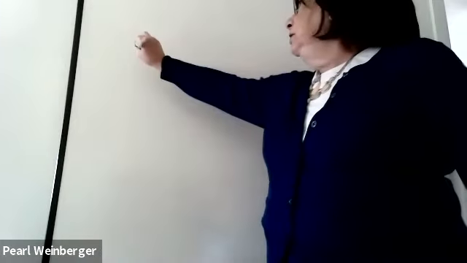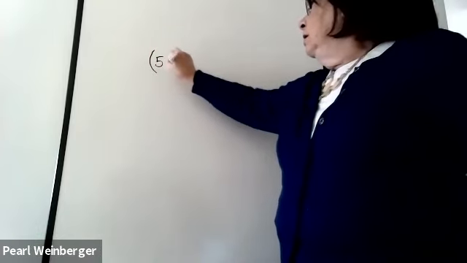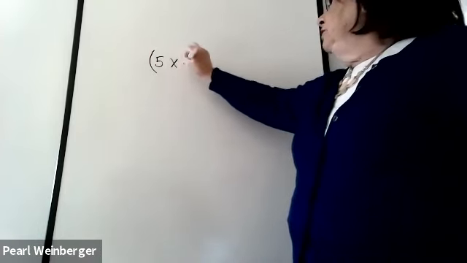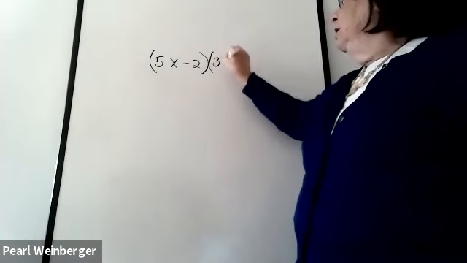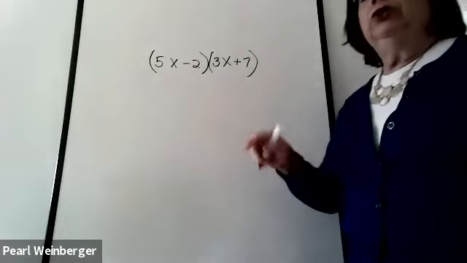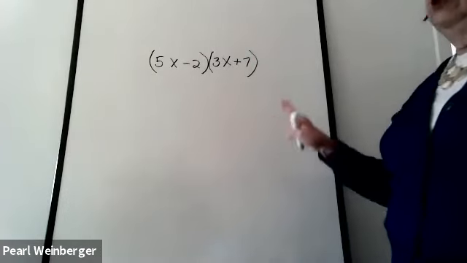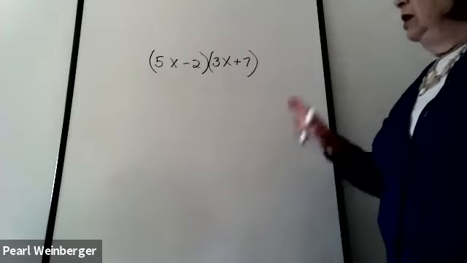Let's say I had something like this. Suppose I wanted to multiply 5x minus 2 times 3x plus 7. I'm going to show you the regular way, and then we're going to talk about something called FOIL.